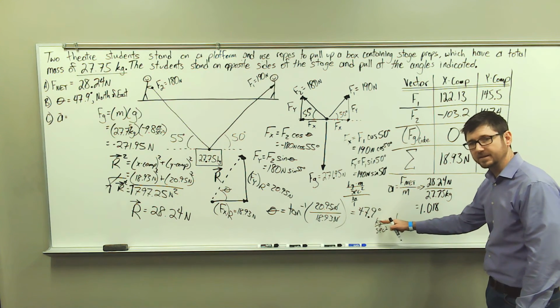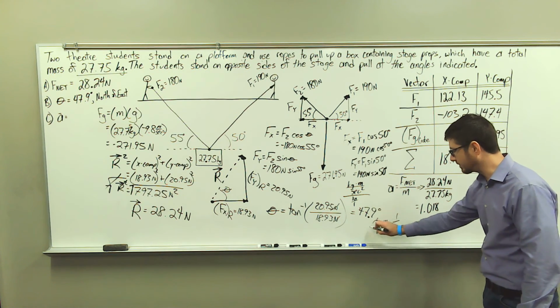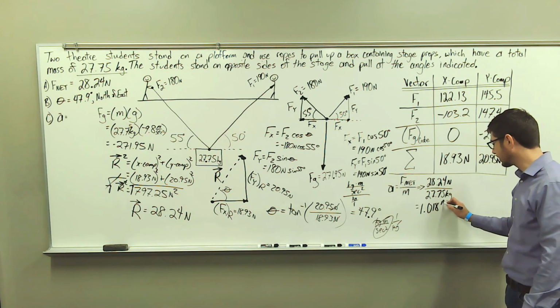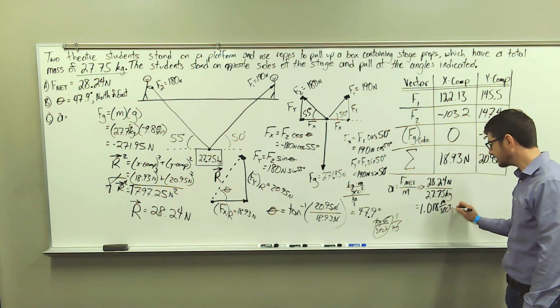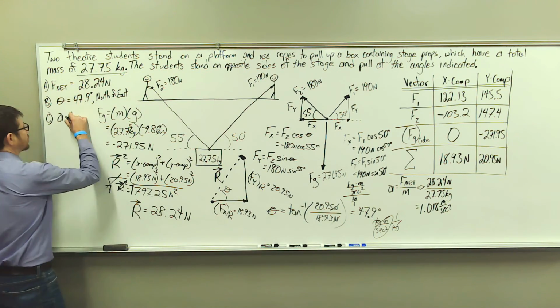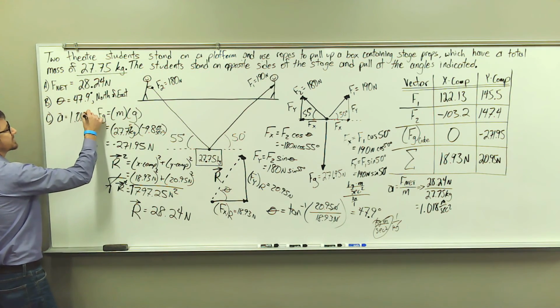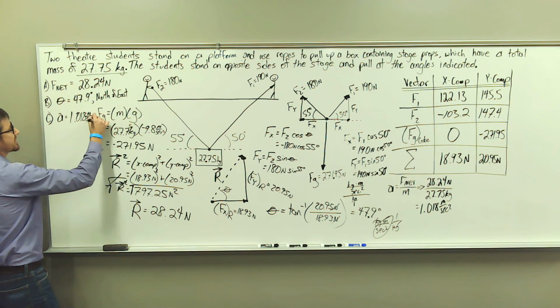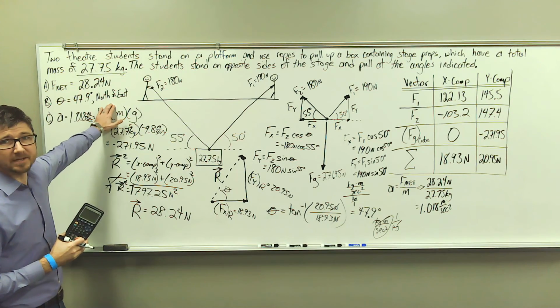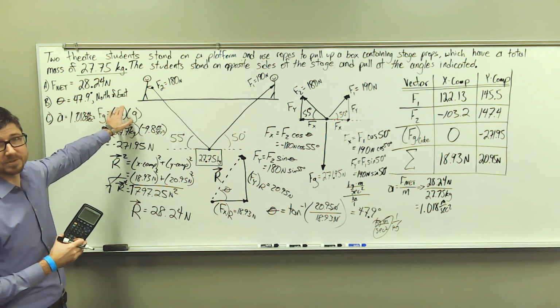You see that we have a kilogram in the numerator and a kilogram in the denominator. They cancel, leaving us with units of meters per second squared. So our answer for part C for acceleration is 1.018 meters per second squared, and our acceleration will be in the same direction as the net force.